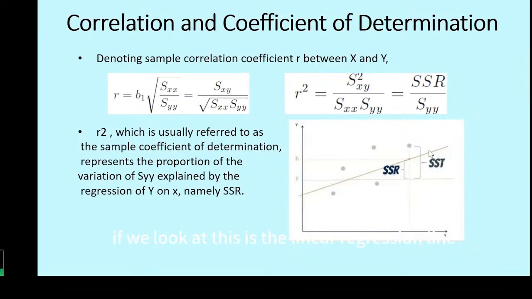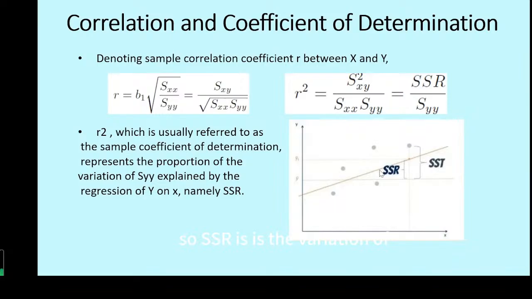If we look at this, this is the linear regression line, and this is the y mean value. And this part is SST, the total y variation. Then this is the SSR. This is SSR. And another part is SSE.